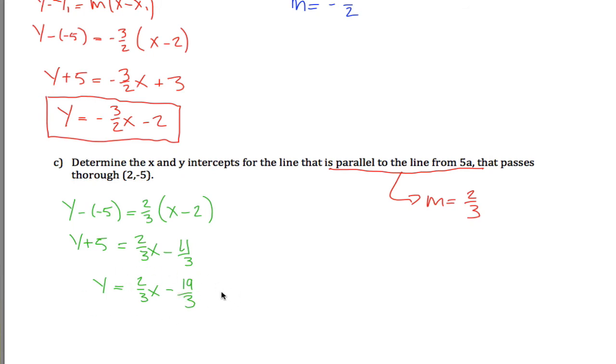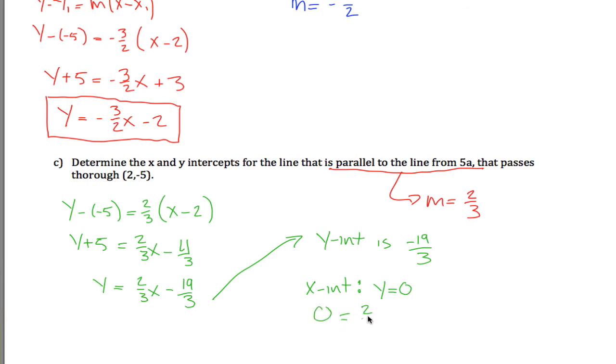The advantage of slope-intercept form is 2/3 is the slope, -19/3 is the y-intercept. So if you just recognize that the b in y equals mx plus b is the y-intercept, then you get this answer. It also wants the x-intercept. As we talked about earlier, the x-intercept you get by setting y equal to 0.